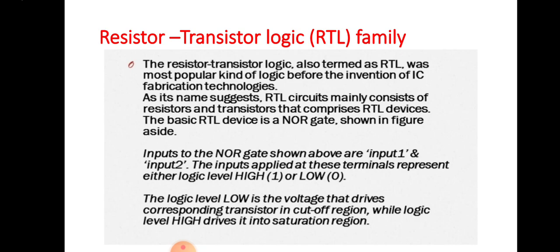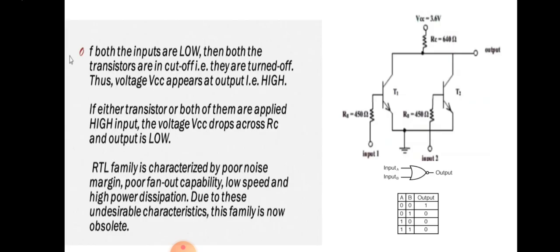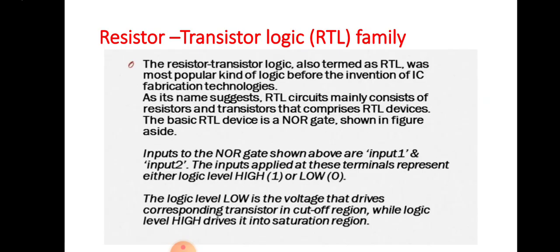As the first point says, the inputs to the NOR gate shown above are input 1 and input 2. So the inputs may be a logic 0 or logic 1 according to the truth table. And the last point says the logic level 0 is the voltage that drives the corresponding transistor into cutoff region, while logic level high drives it into saturation region.